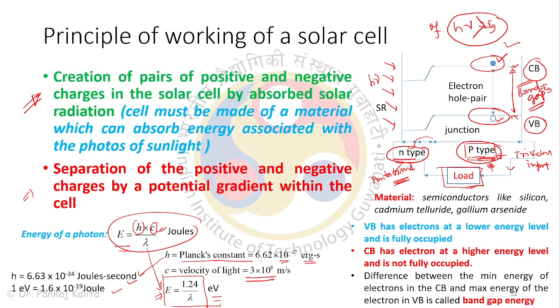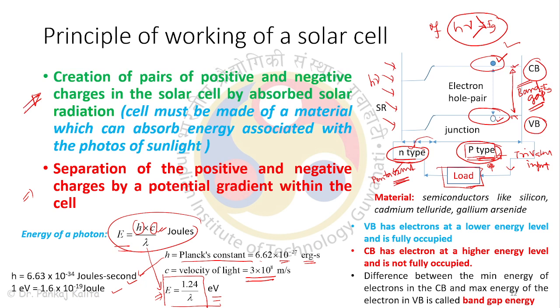Now, coming to the working principle of a solar cell. In a solar cell we have positive charges, the holes, and negative charges, the electrons.